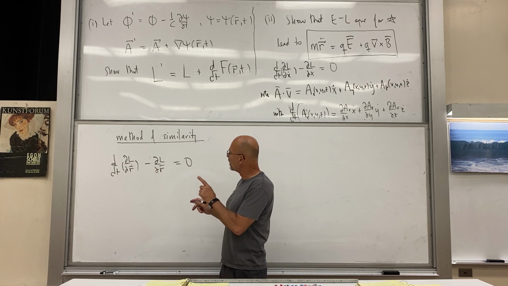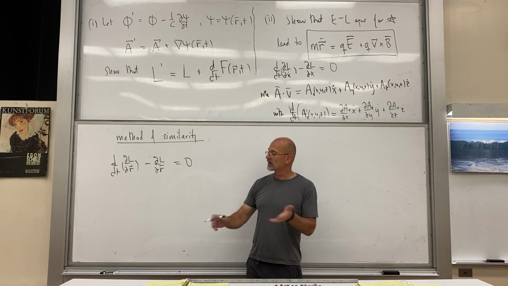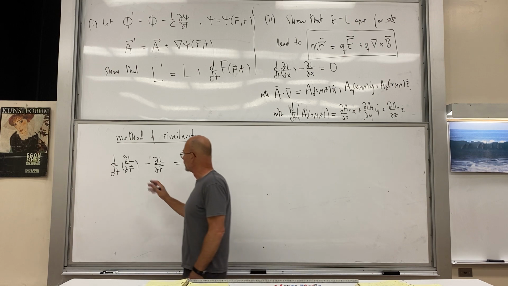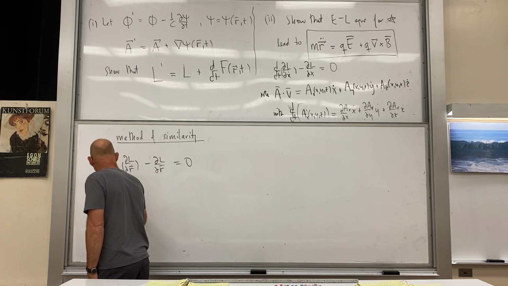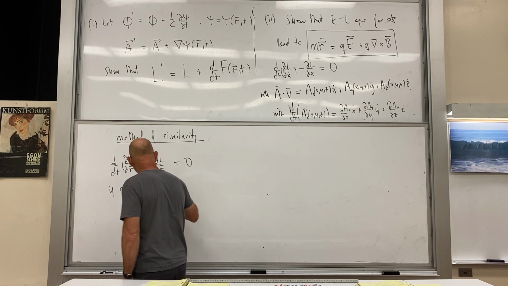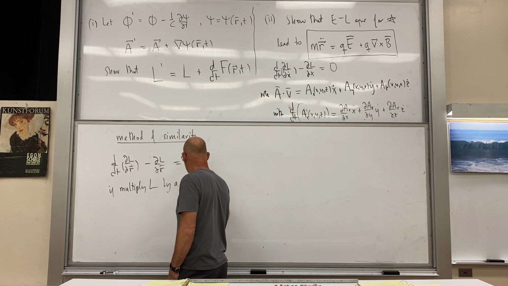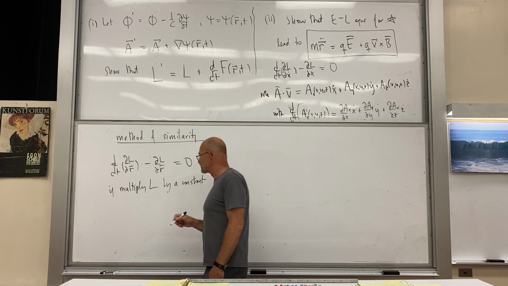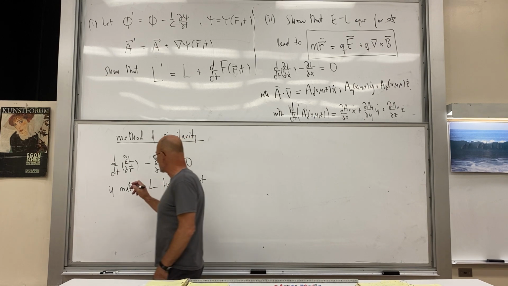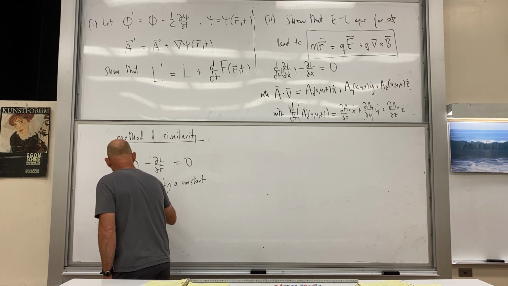So we would be able to multiply the Lagrangian by some arbitrary constant, and it would leave the equation of motion unchanged. So because of this derivative form, if we multiply L by a constant, the equations of motion are left unchanged.